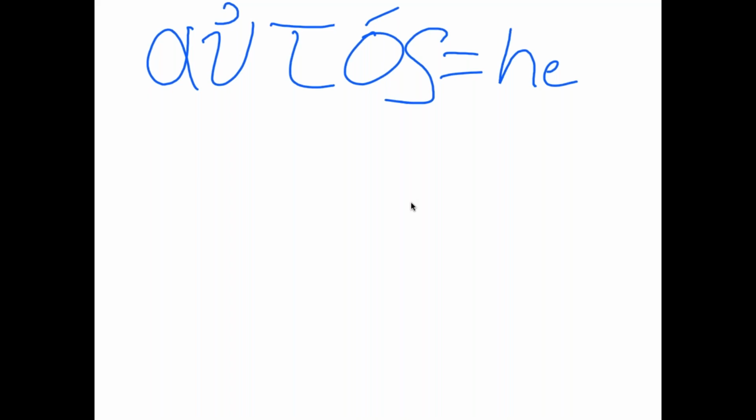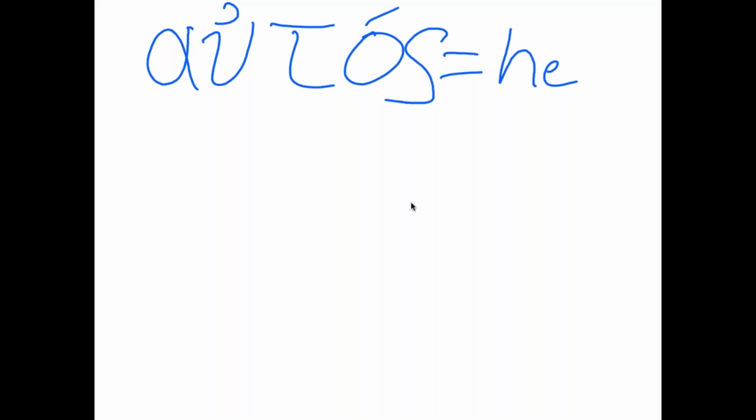Hey, Quentin. Yes. Why would the breathing mark be over the upsilon? I think I missed that. Because that's a diphthong, and it always goes over the second letter of the diphthong. Generally, if it starts with two vowels, it'll be over the second one.